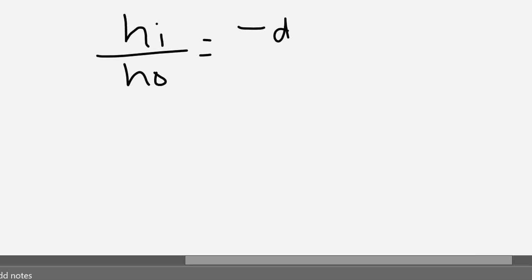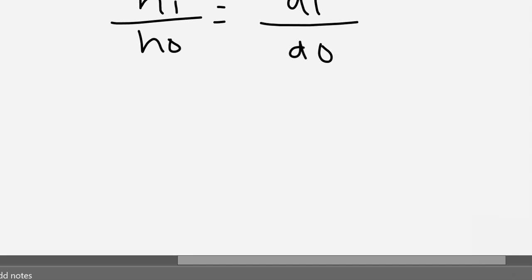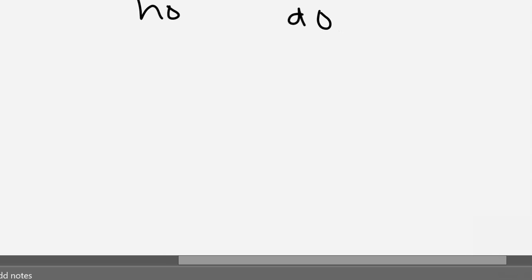We're going to use the magnification equation, which is HI over HO is equal to negative DI over DO. We're trying to find HI.